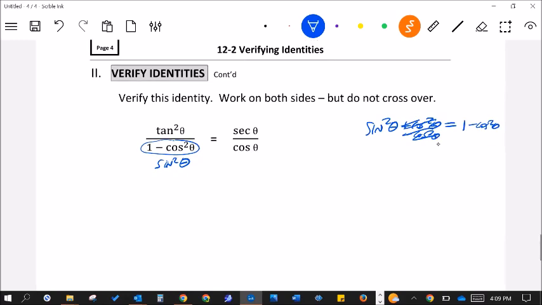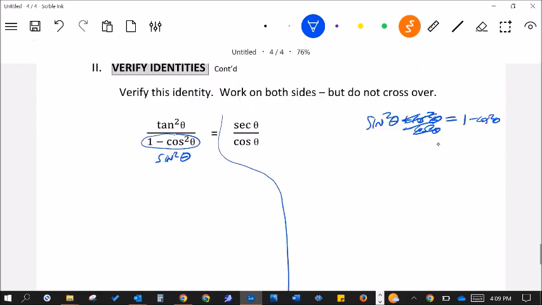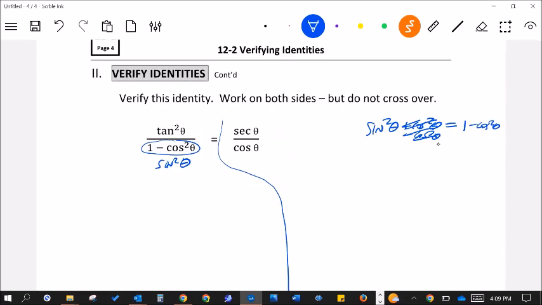Now we have to work on both sides. So to give enough room, I'm going to go like this down most of the page. I just started the left side, so let's continue. For tangent, I am going to write that as a tangent identity, which means instead of tangent, I'm going to use sine over cosine.